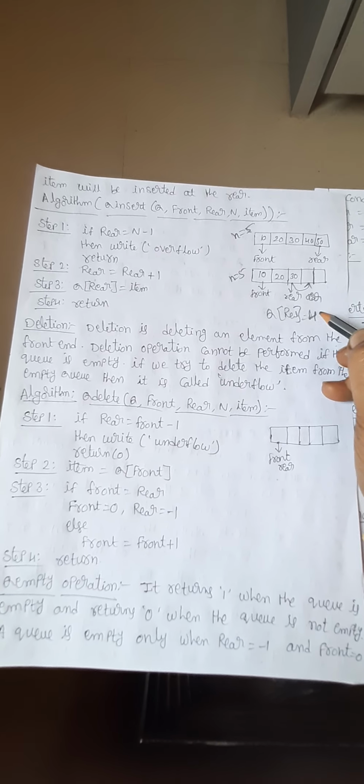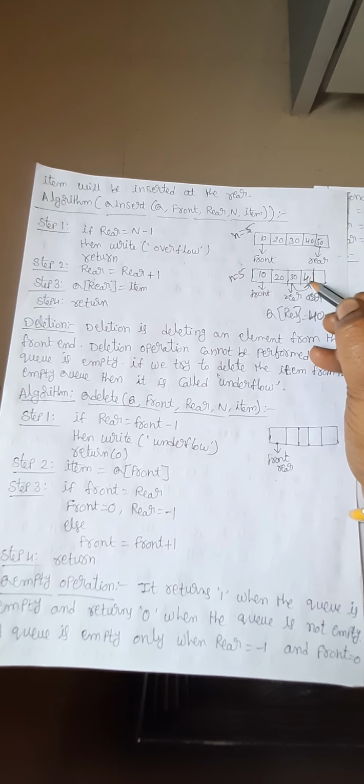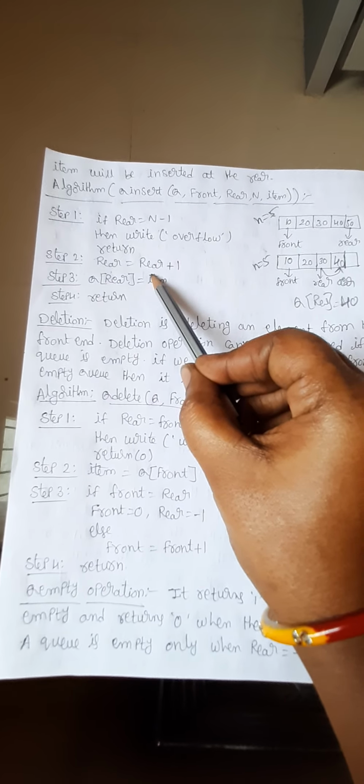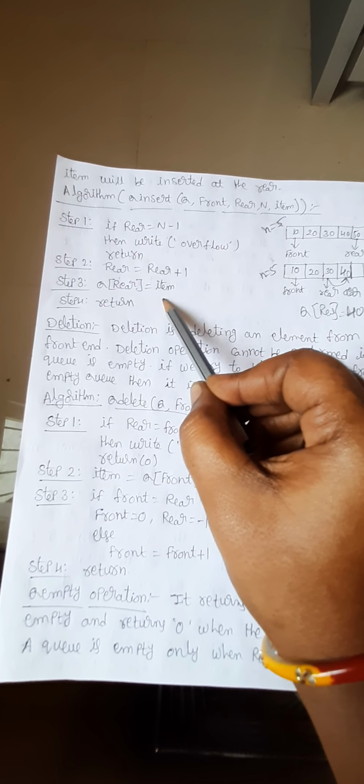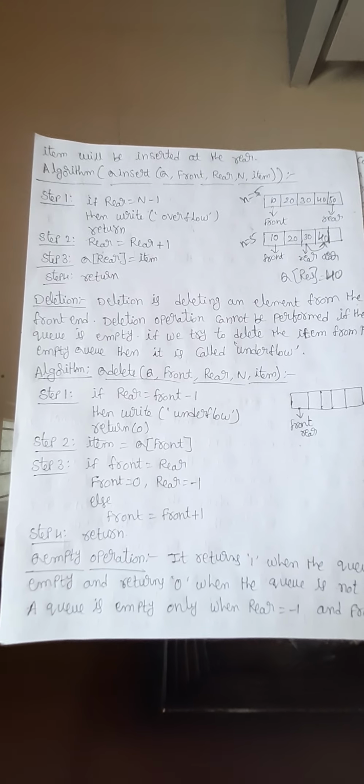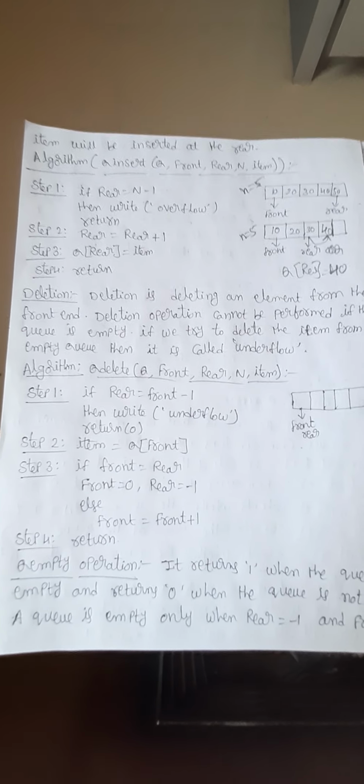For example, if we insert 40, 40 will be inserted into the next position. Again, if you try to insert another element, the rear value will be incremented and the item will be added at the next rear position. That is the insertion function.